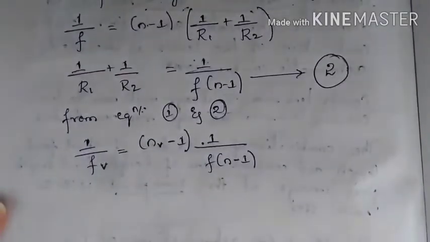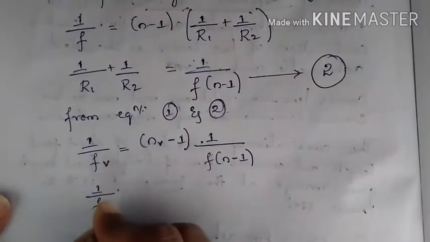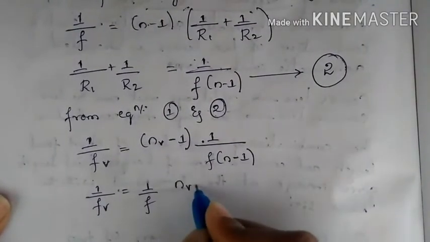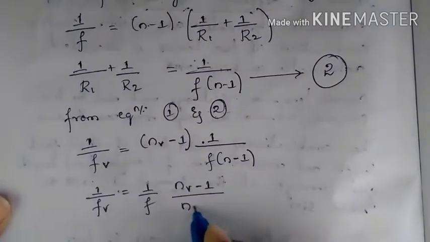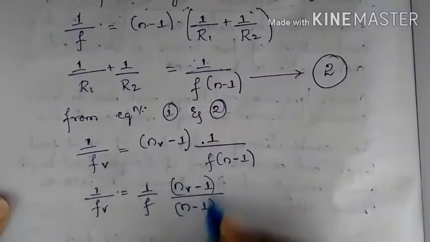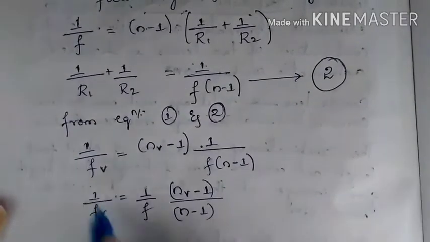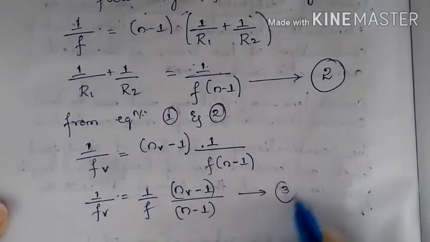So this can also be written as 1 by Fv is equal to 1 by f times (Nv minus 1) divided by (n minus 1). So this is for the violet ray. Let this be equation number 3.